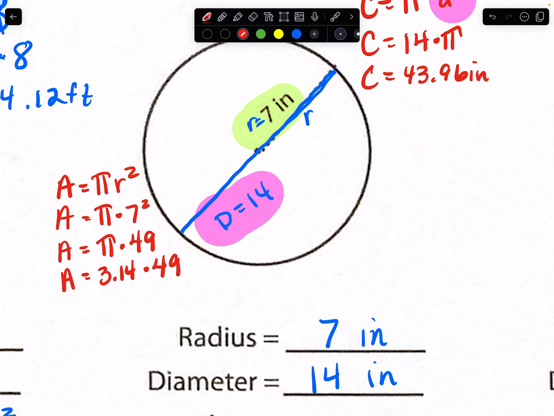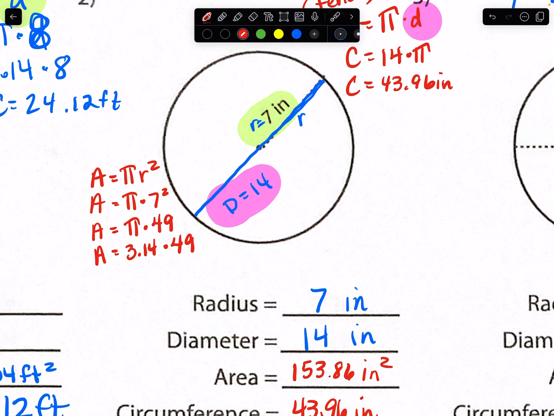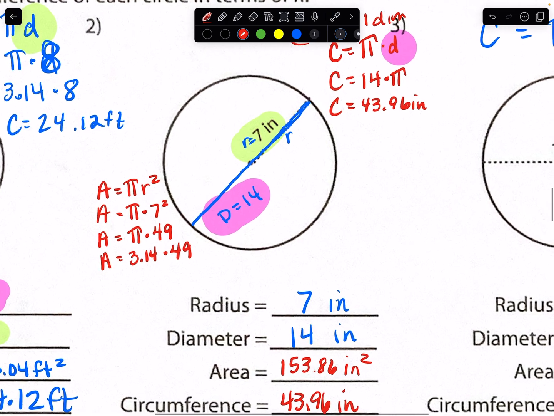Again, this is two-dimensional. So therefore, we need to make sure that we are giving it the squared when we do our solution. So 3.14 times 49 equals 153.86. Well, it's not dollars. 153.86 inches squared. All right, push pause if you guys need to finish copying it.